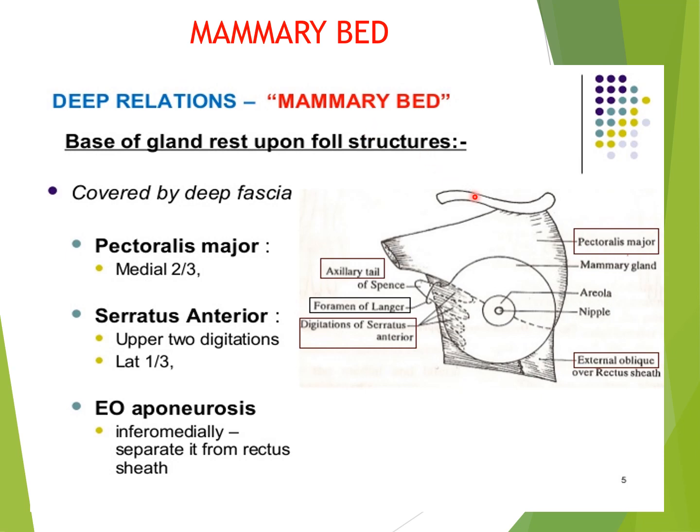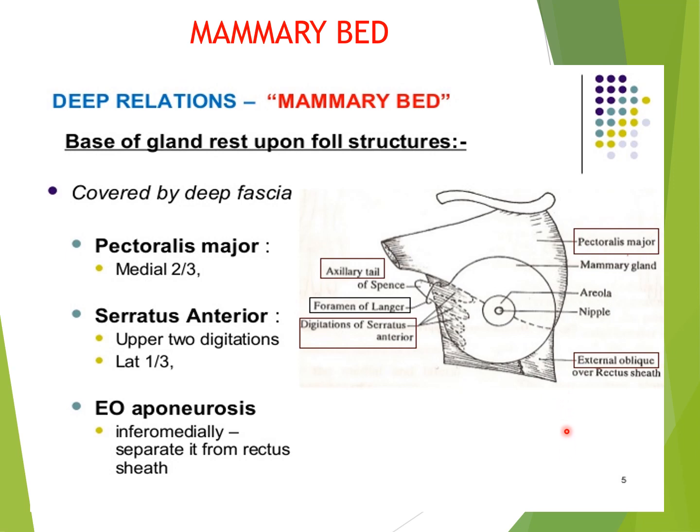So pectoralis major in the medial 2/3, digitations of the serratus anterior in the lateral 1/3, and external oblique at the infero-medial quadrant, which separates the breast from the rectus abdominis muscle.